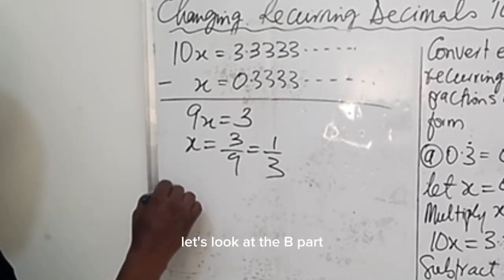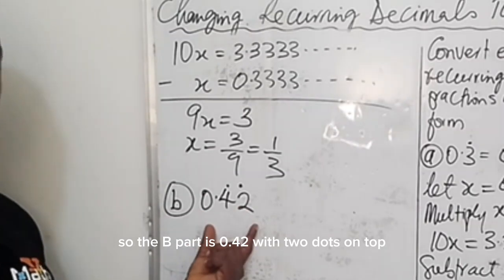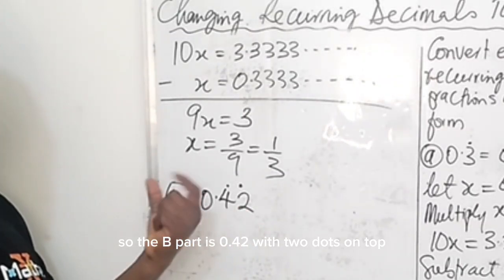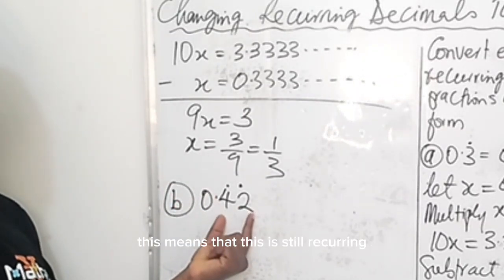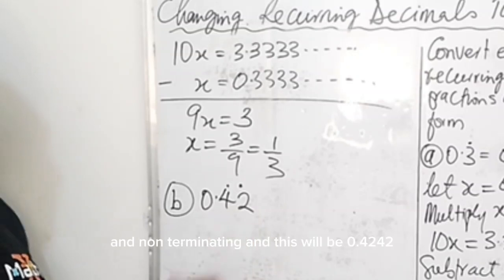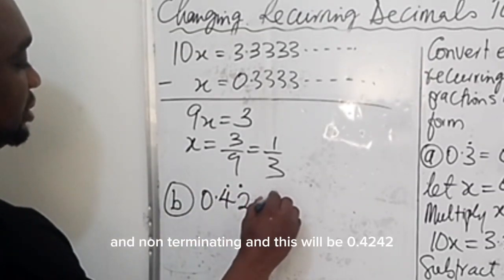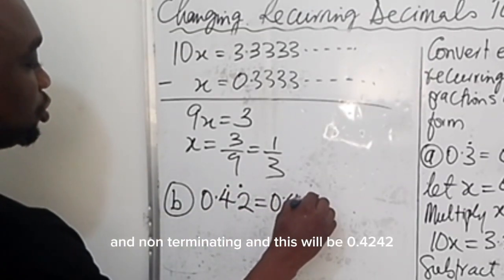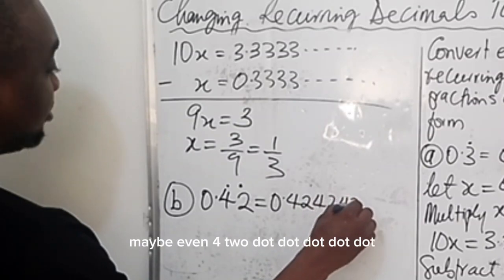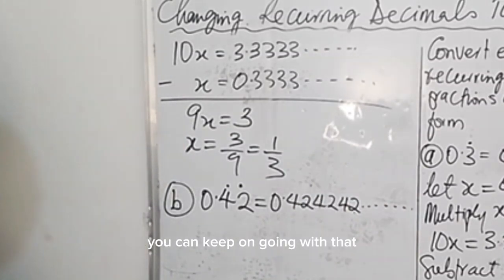Let's do another one. That is the A part. Let's look at the B part. The B part is 0.42 with 2 dots on top. This means that this is still recurring and non-terminating. And this will be 0.4242, maybe even 42 dot dot dot. You can keep on going with that.